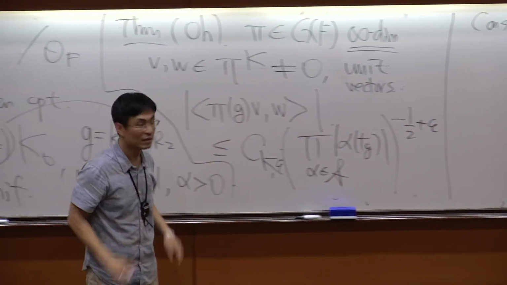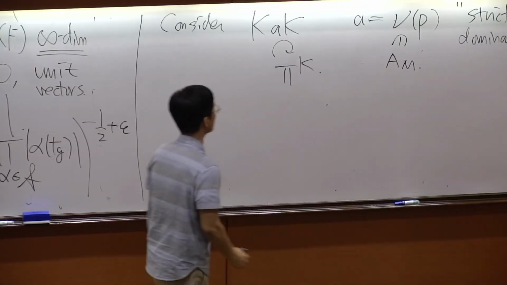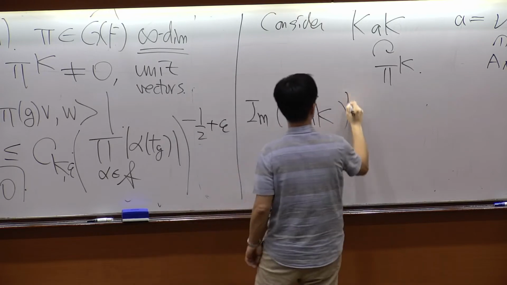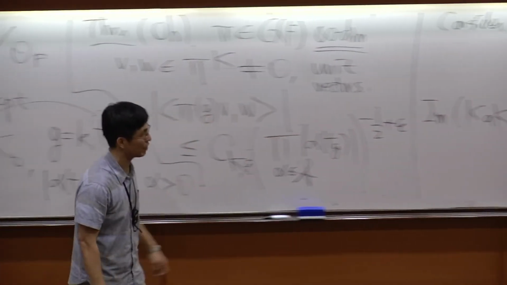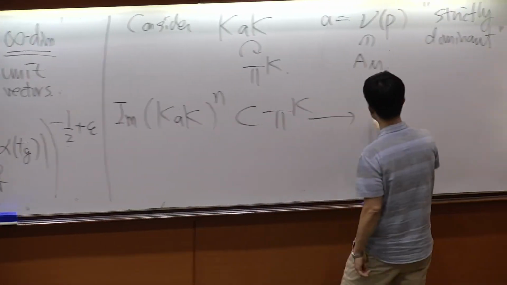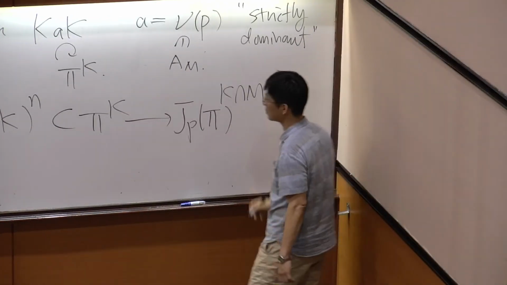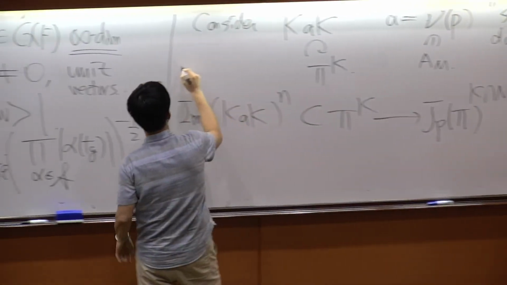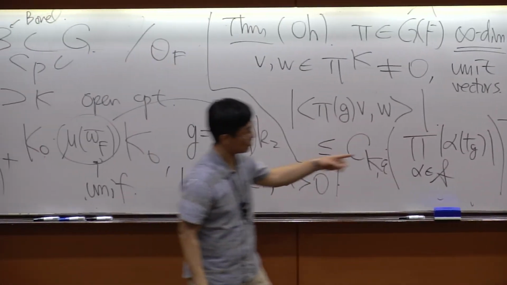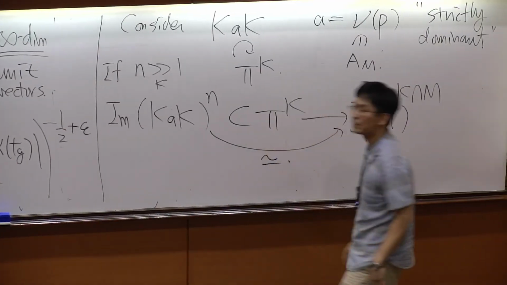In this setup, and this is an element in the split center of M, you know the following. You take this double coset operator n times, which is a subspace of pi^K, which you can map to the Jacquet module with K intersect M invariants. Then first of all, if n is large enough depending on K, then this image stabilizes, and this map is an isomorphism.